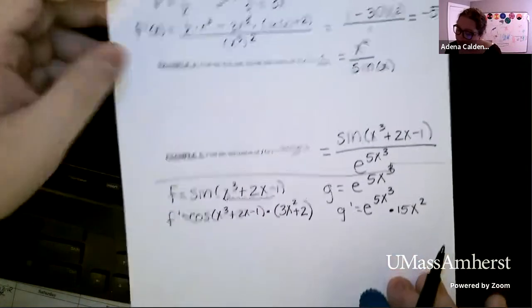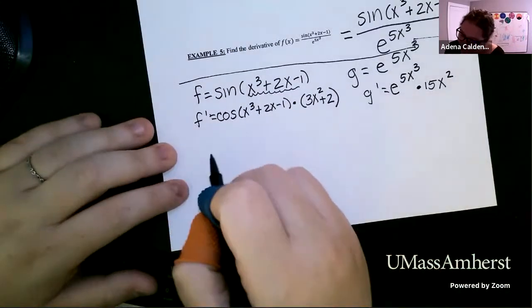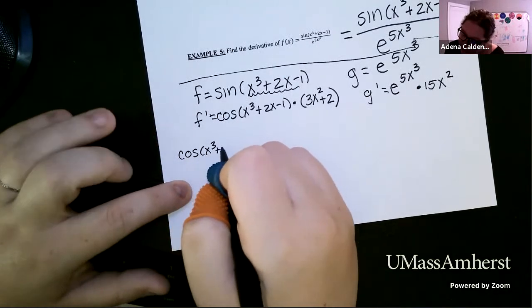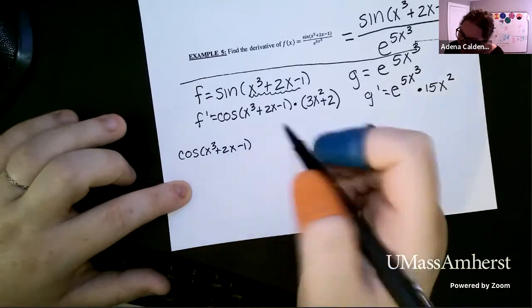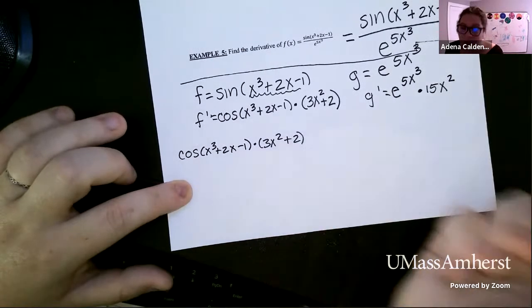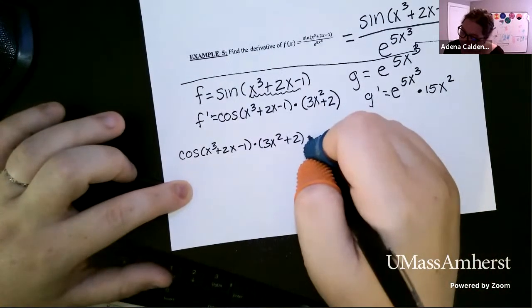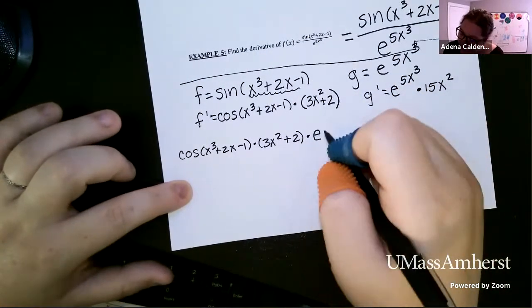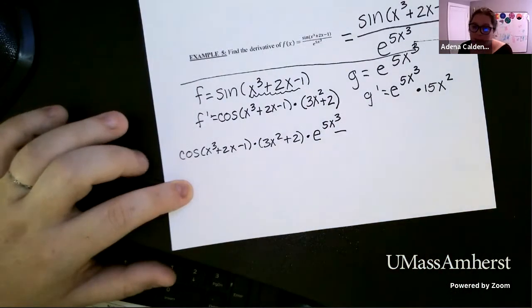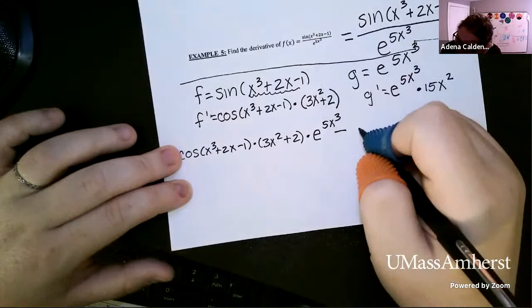So we're going to do f prime times g. So I have cosine of x cubed plus 2x minus 1 times 3x squared plus 2. That's my f prime times g, which is e to the 5x cubed, minus, now I'm going to do g prime times f.